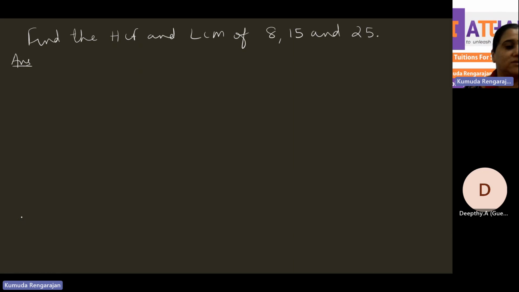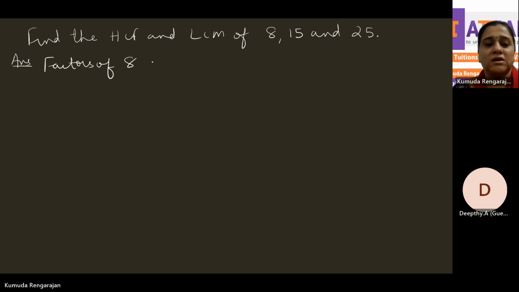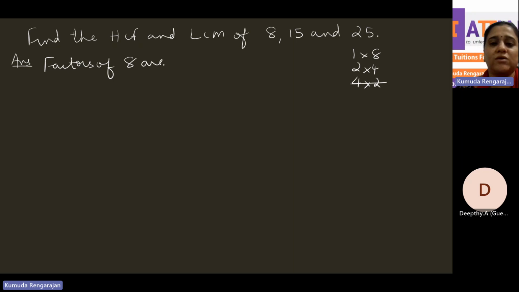Then let's list the factors. What are the factors of 8? 3 methods are there: factor method, prime factorization method. What are the factors of 8? 1 into 8, 2 into 4, 4 into 2. Factors of 8 are 1, 2, 4, and 8.